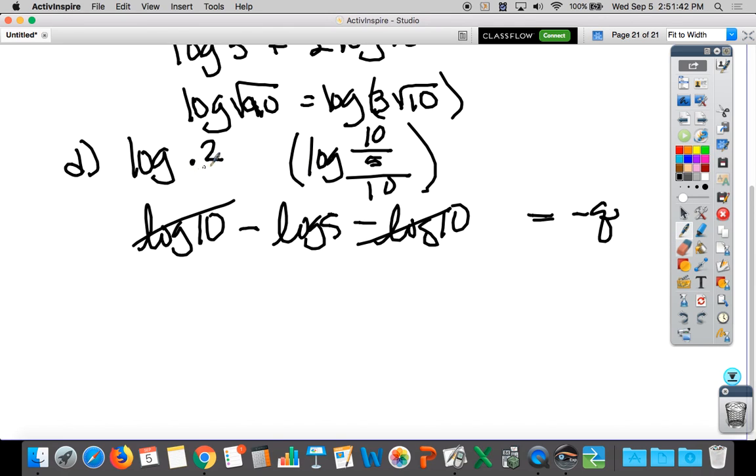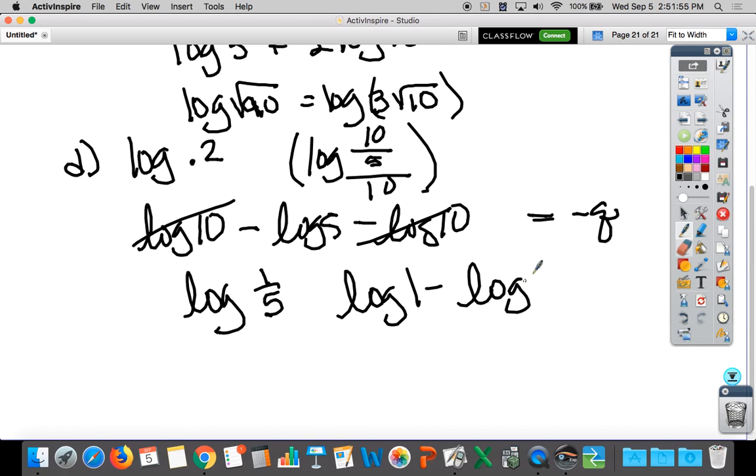Okay. But 2/10, I'm going to show you just because I've done this 1,000 times. 2/10 is the same thing as that. Log 1 is 0. Ponder that.